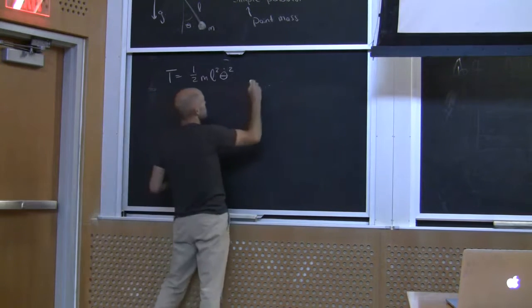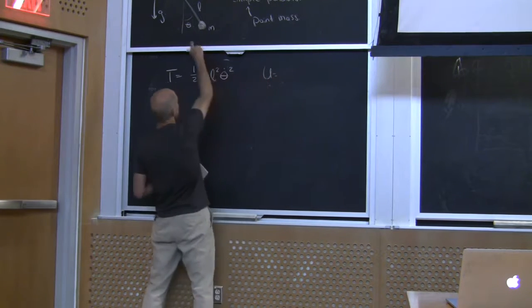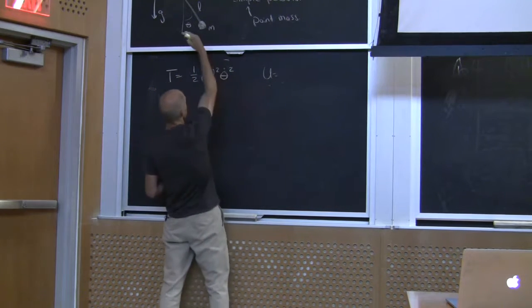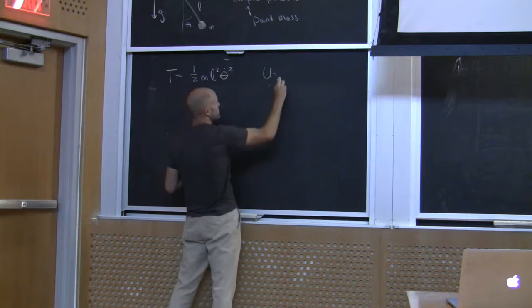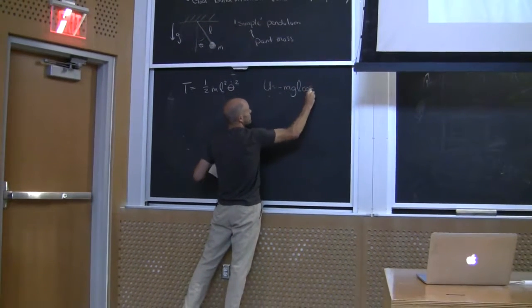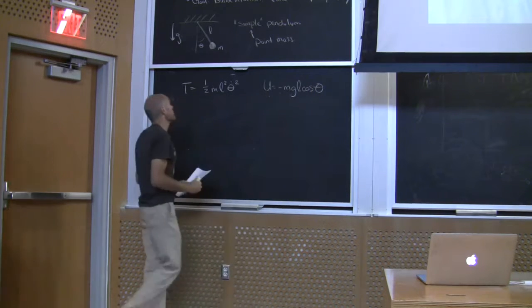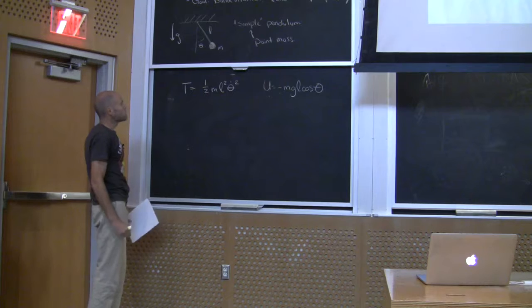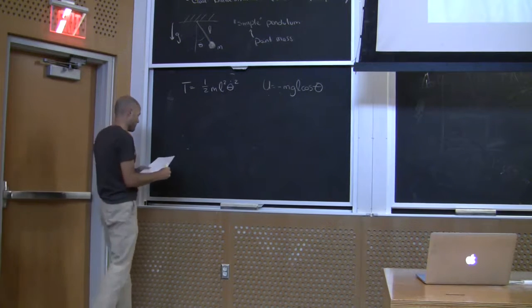And then for the potential energy, I've got my coordinate system so theta is 0 at the bottom. I'll put 0 potential at horizontal, so let's call it negative m g l cosine of theta. So I've got negative potential here, positive potential at the top.